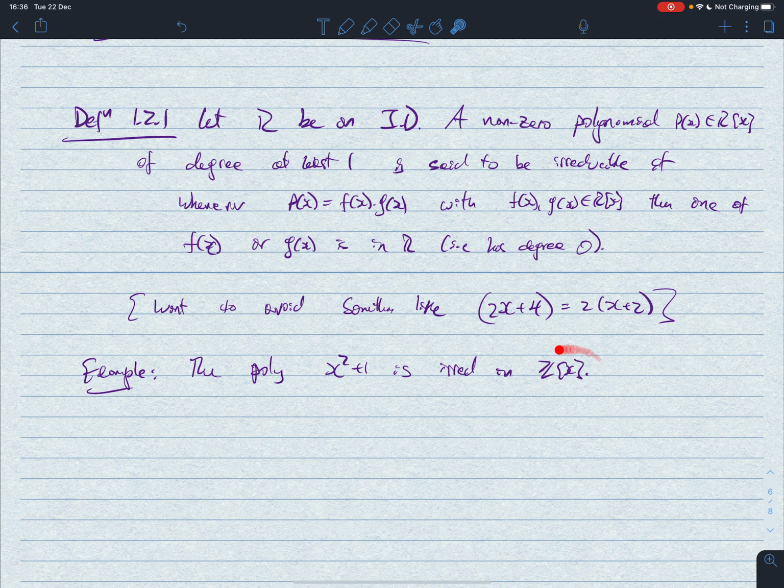But the square root of minus 1 is not inside the integers. So those two polynomials don't exist in Z of x. So this polynomial is irreducible. A non-example is x squared minus 1, because this is x plus 1 times x minus 1. So this is not irreducible.